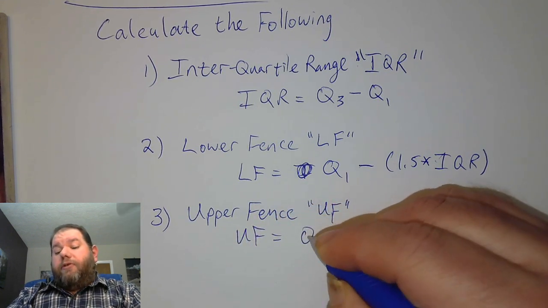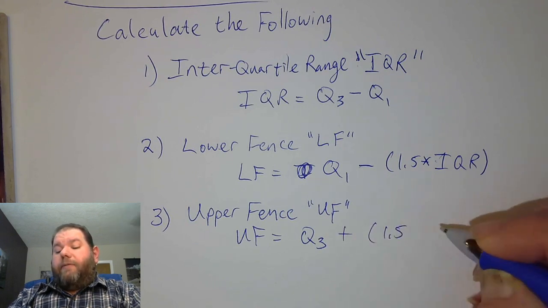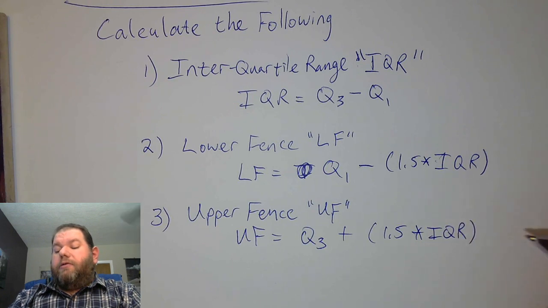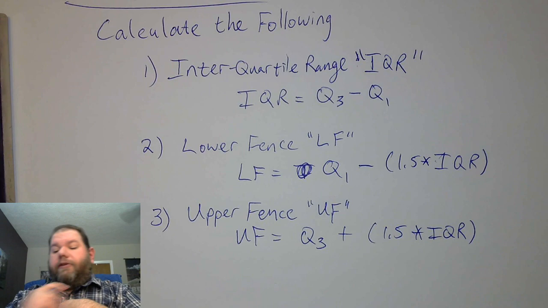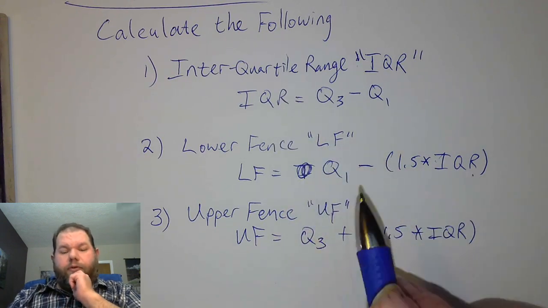UF is equal to the third quartile Q3 plus 1.5 times the IQR. We have to find IQR first, of course, because we then use that in both of these calculations.